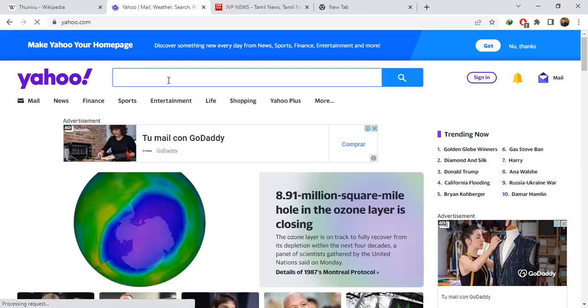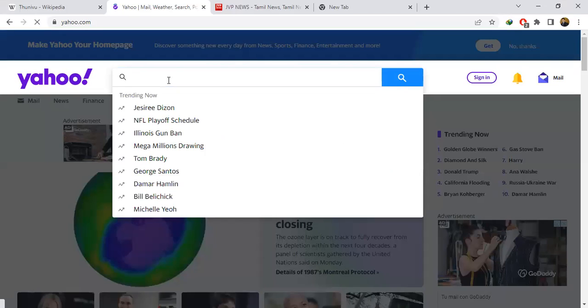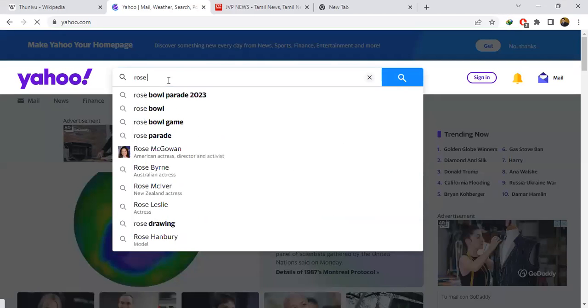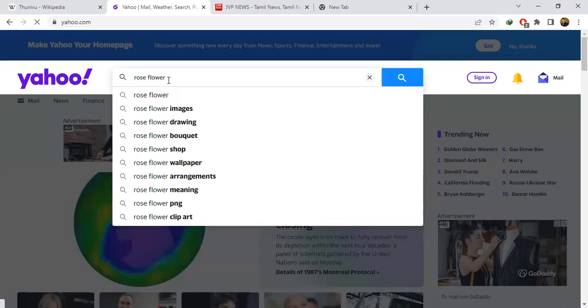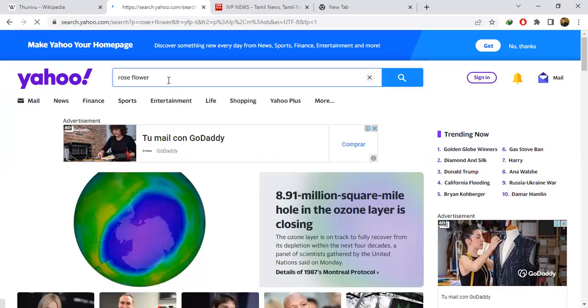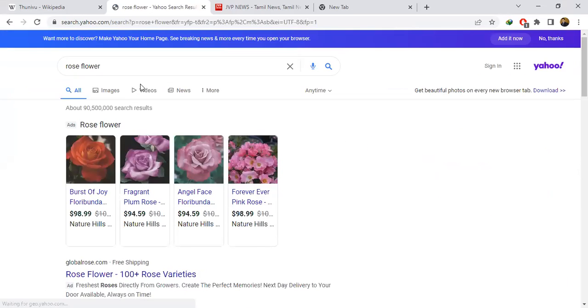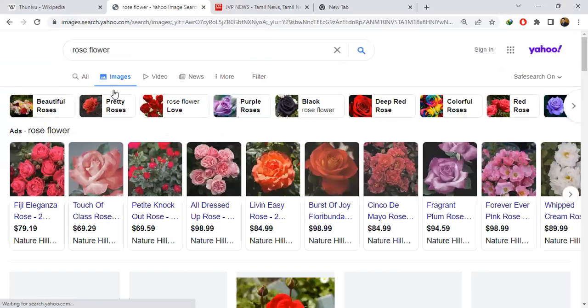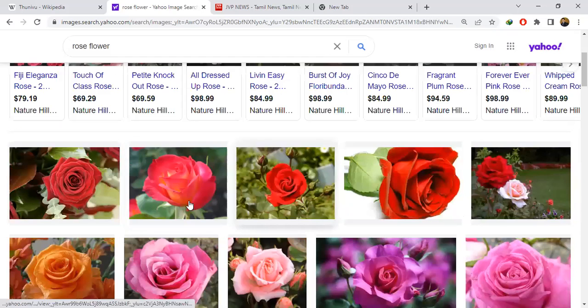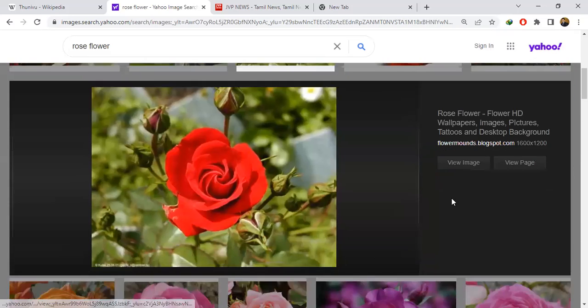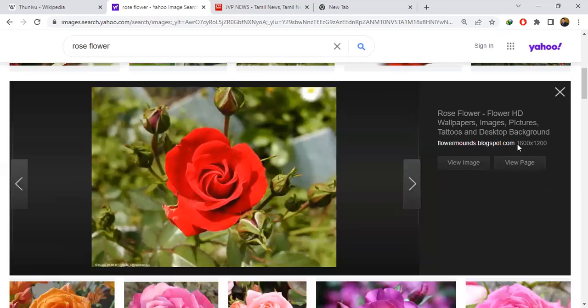Don't know whether it will be a good one or a bad one. I'm just searching for rose flower on the internet. If you take these photos coming in the internet, when you click one, they will mark the resolution.